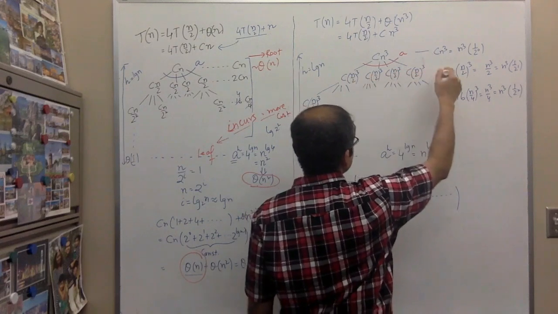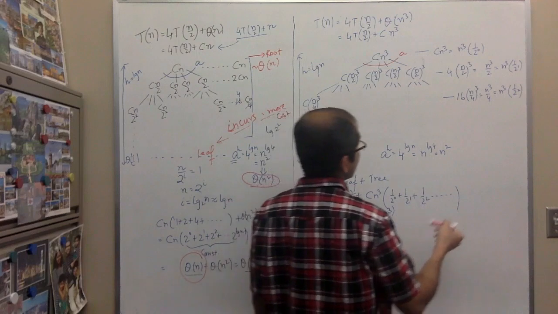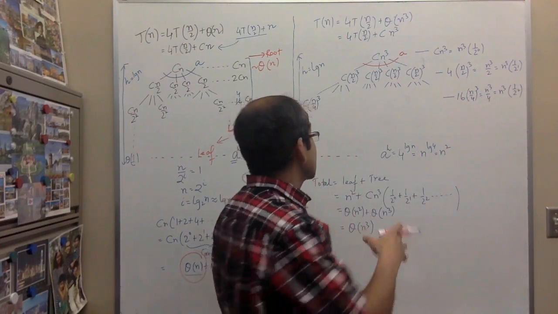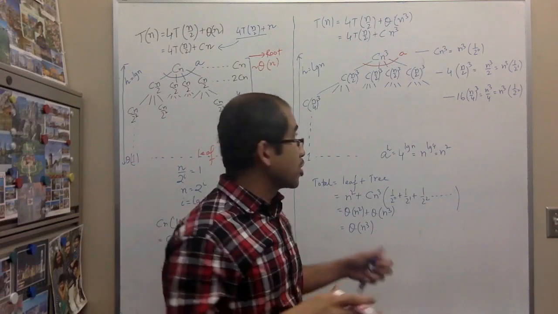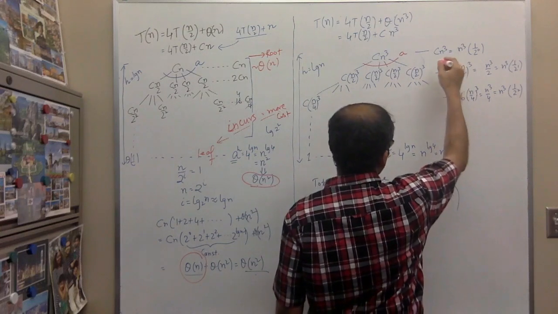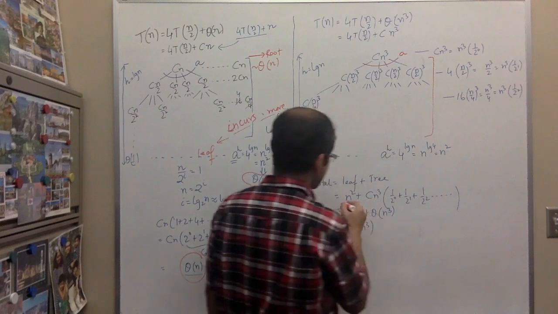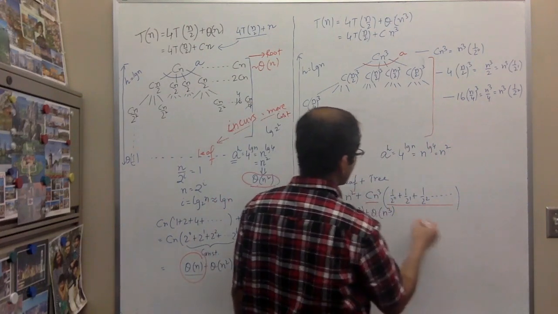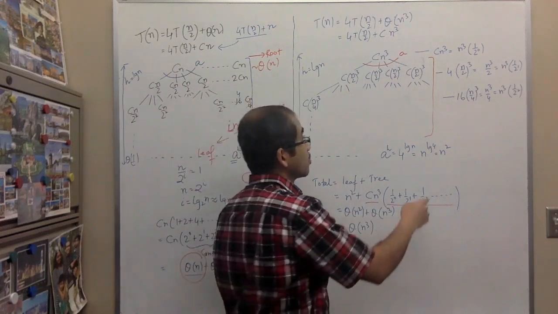And at each level here, if we try to sum up the cost, this level is cn cube. At this level is 4 times n by 2 cube, okay, n cube by 2. It doesn't really matter how correct it is, if we miss something, we do not need to do it very rigorously. What I'm trying to show you is that at every level we sum up the cost, and it will form such a series: cn cube, next level is 1 by 2 to the power 0 plus 1 by 2 to the power 1 plus 1 by 2 square.